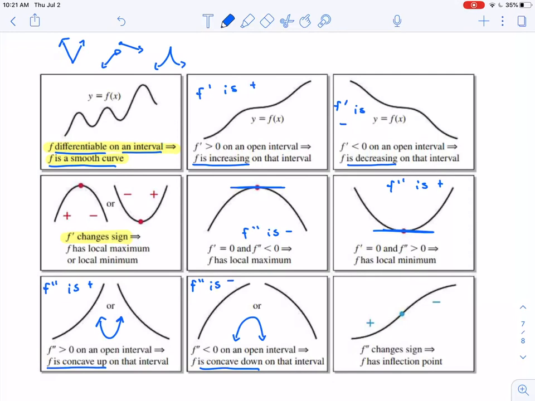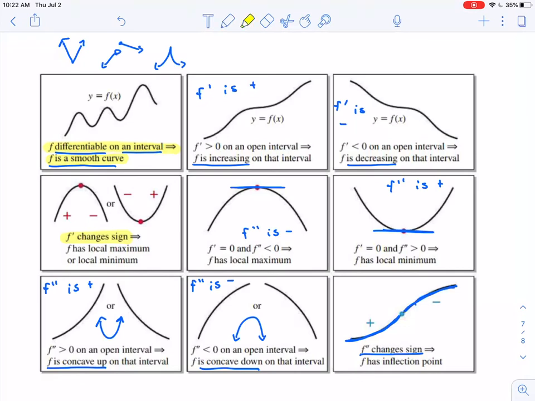And then finally, if we have a sign change in our second derivative, so if f double prime changes sign, here in the graph we have something which is concave up. It might be a little bit difficult to see, but here we have something which is concave up. On the right hand side we have something which is concave down.